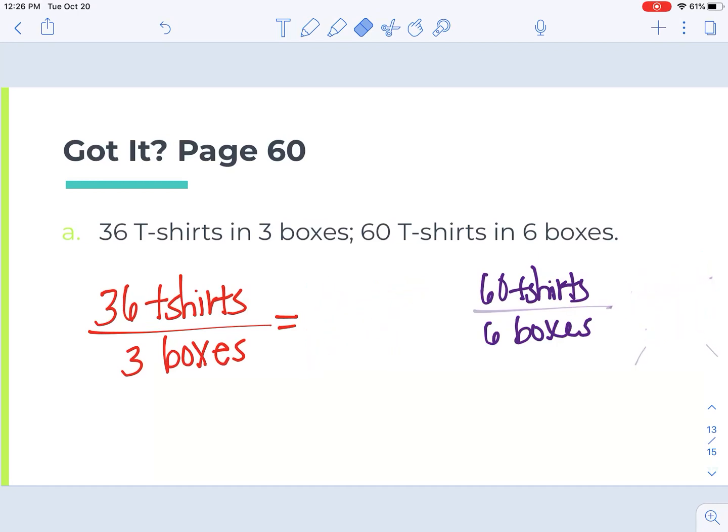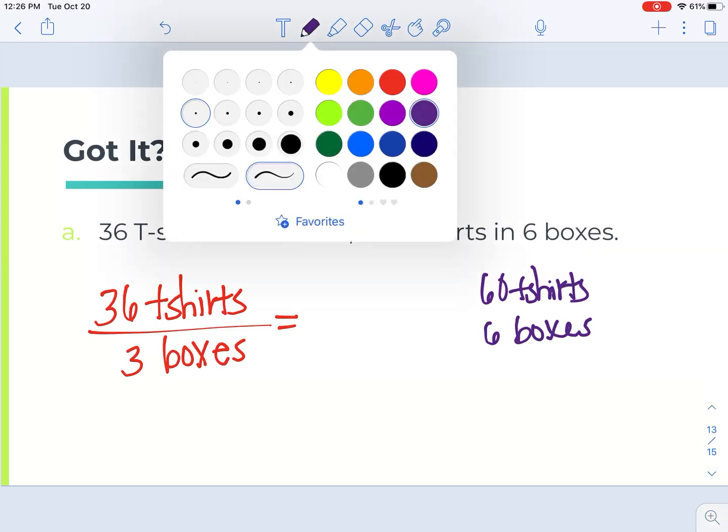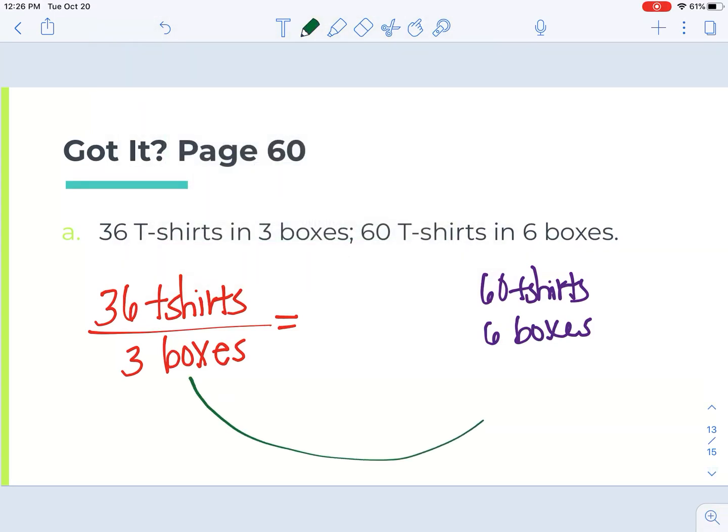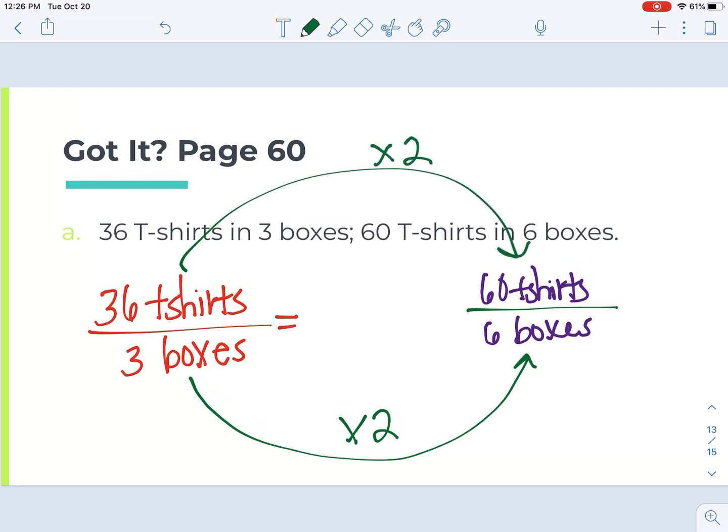You also could have used the equivalent fractions strategy. I know that I can get from 3 to 6 by multiplying by 2. Is 36 times 2 60? No, 30 times 2 is 60.